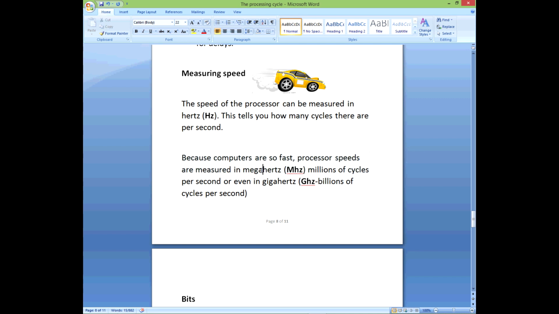So just to show you a little prefix here, mega means million. So you've heard of the Mega Lotto? Everybody wants to win Mega Lotto, right? And mega means million. Okay. In IT though, we have what's called giga, and giga deals with billions. Alright, so gigahertz would be faster than megahertz, because mega is million and giga is billion.